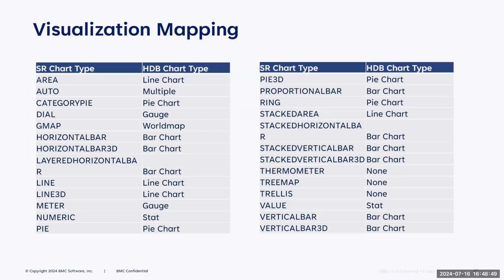All right. Speaking of visualizations, you can see for most of the commonly used visualizations, there is something very similar on the Helix dashboard side. It may be called a little differently, but essentially it represents the data in a very similar fashion to what you had on Smart Reporting. And like I said, there would be a few which may not have anything similar on the Helix dashboard side, like tree map and thermometer.